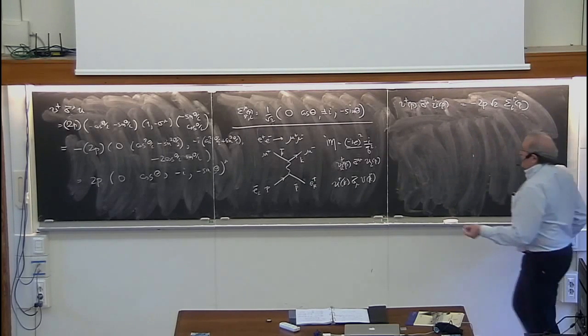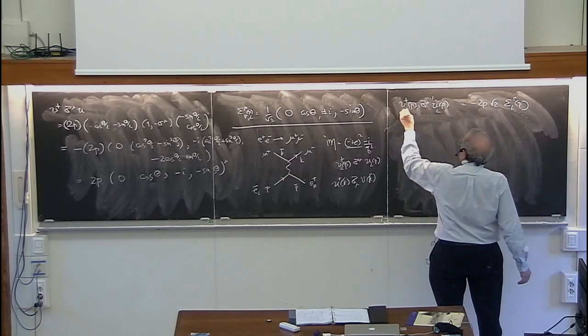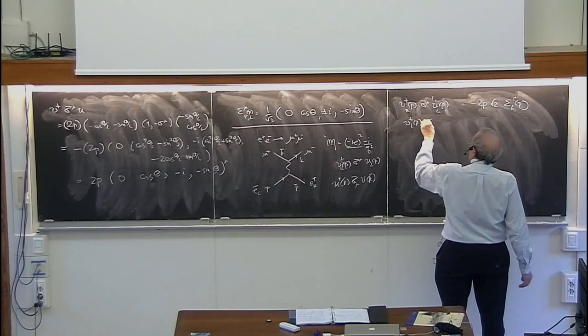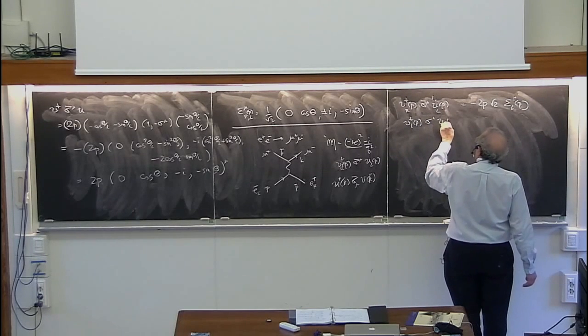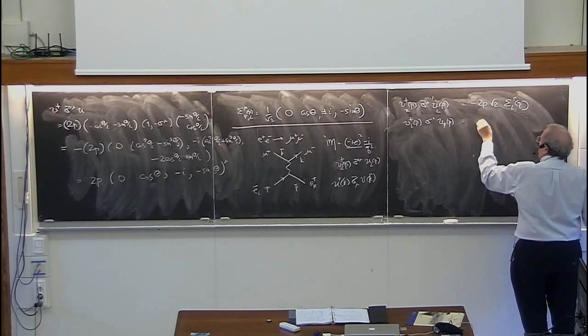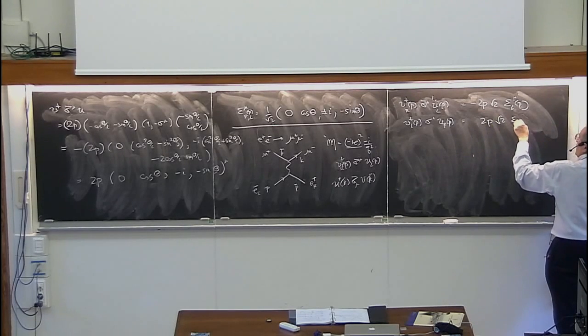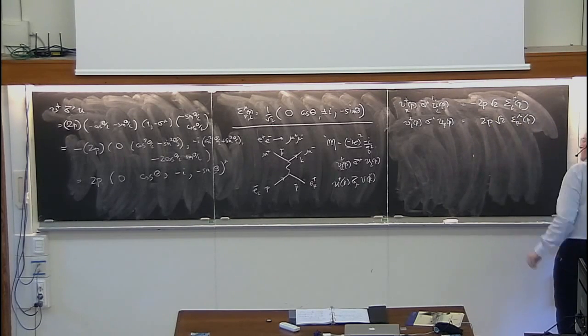As you can imagine, if I did this with right-handed spinors, you can check yourself, you get exactly the same thing. I forget whether there's a minus sign here, please excuse me. The right-handed polarization vector.